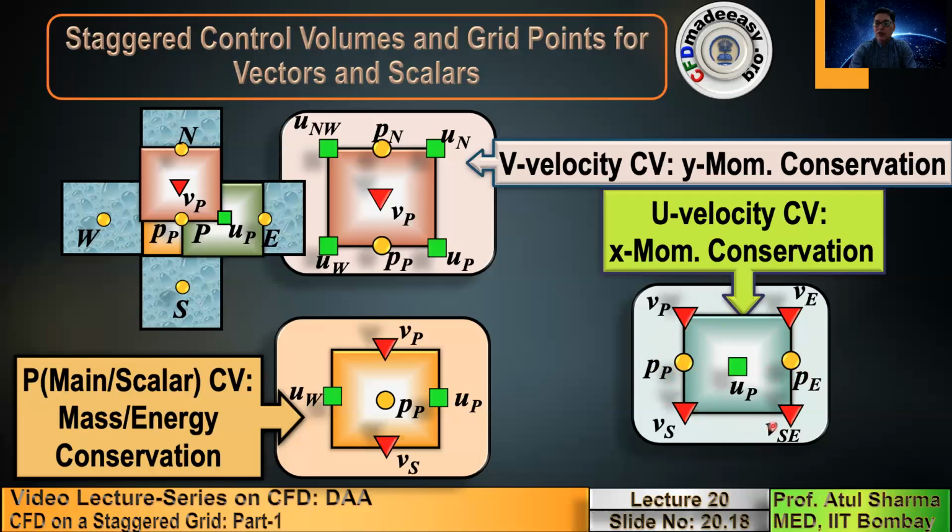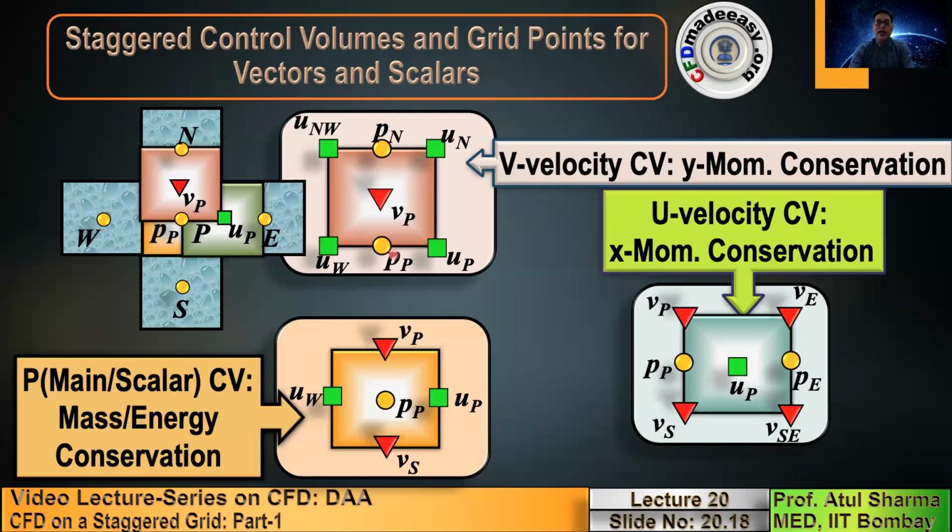Similarly, in the Y momentum equation, when you want to calculate the net pressure force in the positive Y direction, basically you take pressure on the horizontal surface, and at the centroid of the horizontal surface, you already have pixels or grid points for pressure.